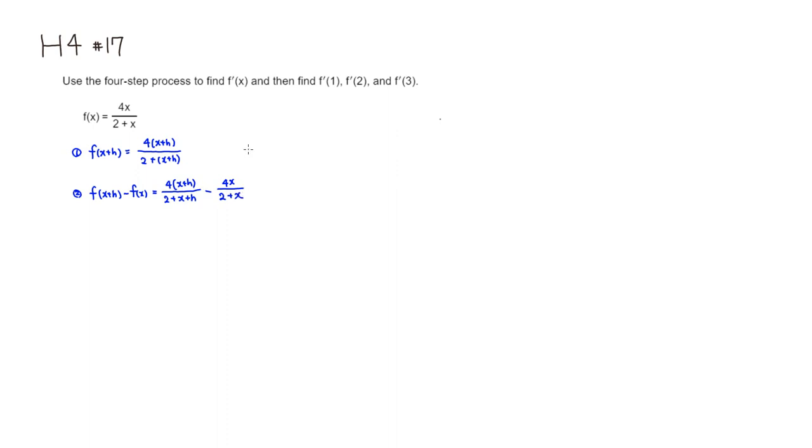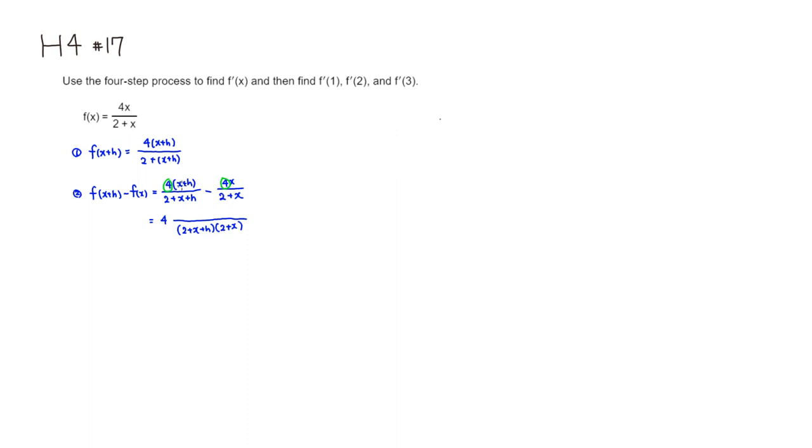Let's simplify this a little further. First I'm going to pull out 4, because both of them have 4 in it. Then I'm going to take the common denominator, which in this case is the product of the denominators: 2 plus x plus h times quantity 2 plus x.